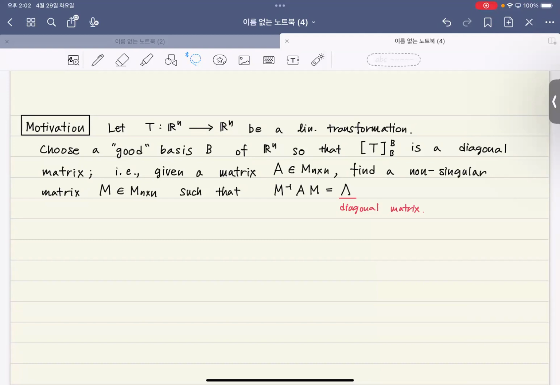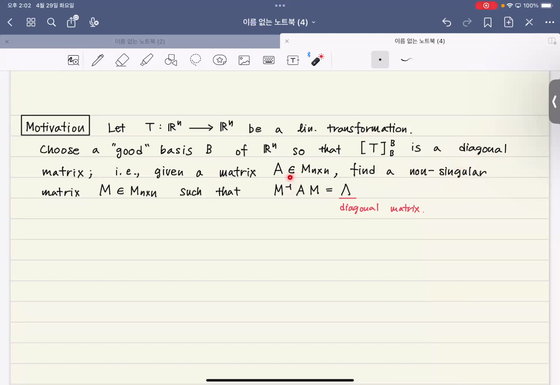So it goes like this. I have a linear transformation and I want to find a very nice basis B of this vector space Rn so that the matrix representation of this linear transformation with respect to this basis is a diagonal matrix.